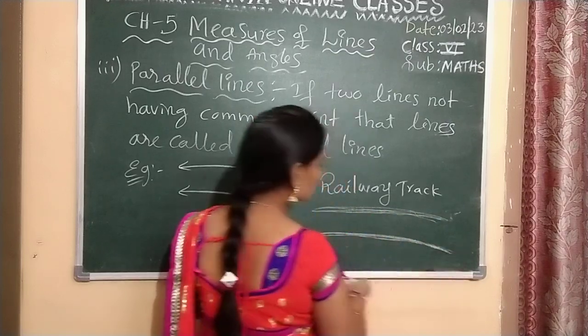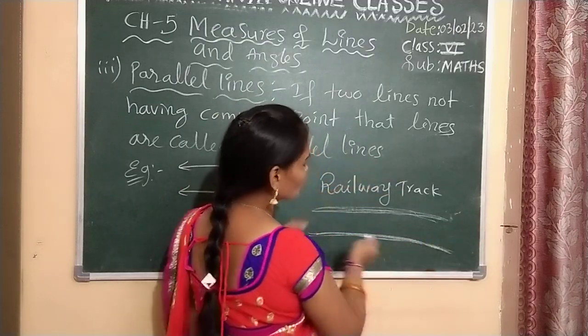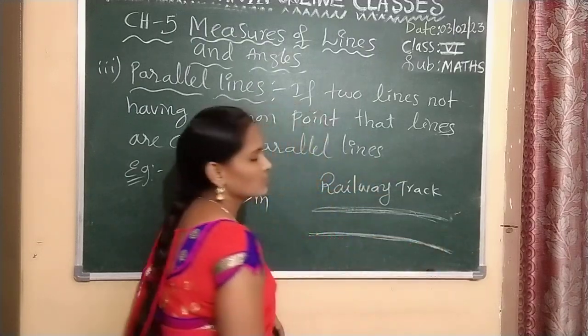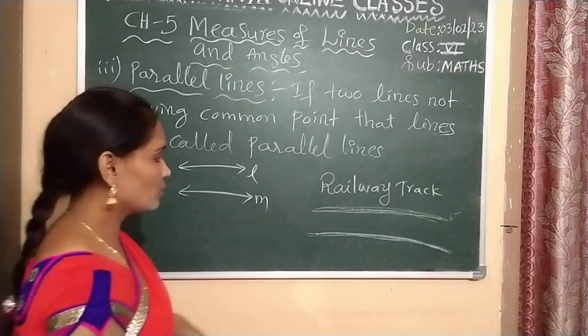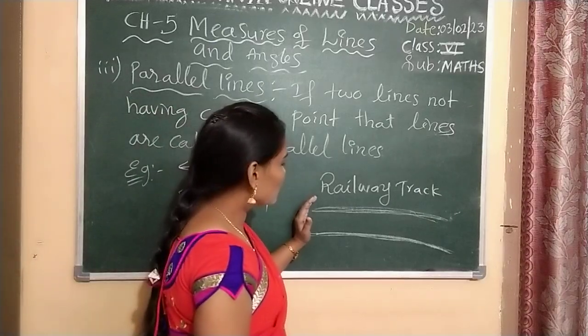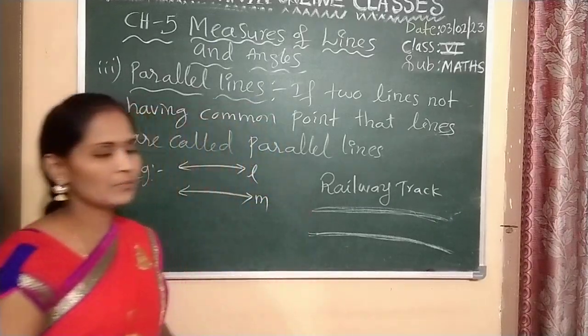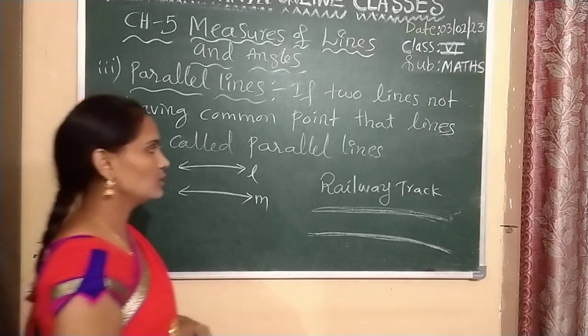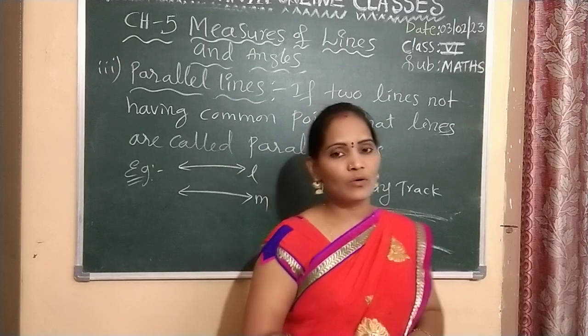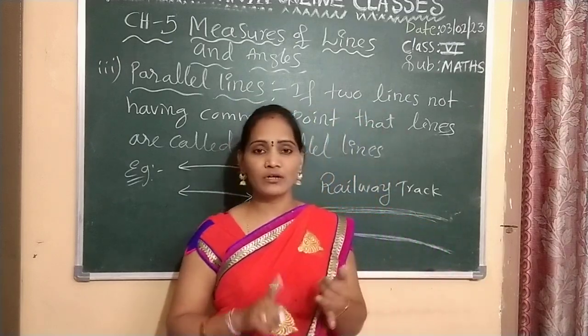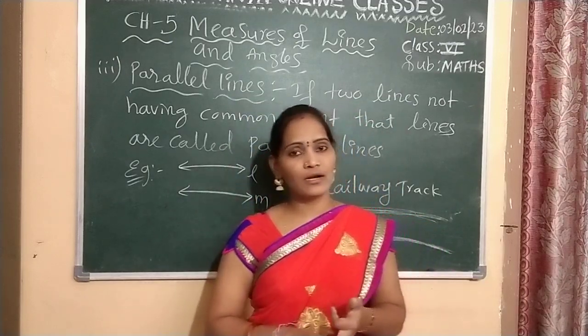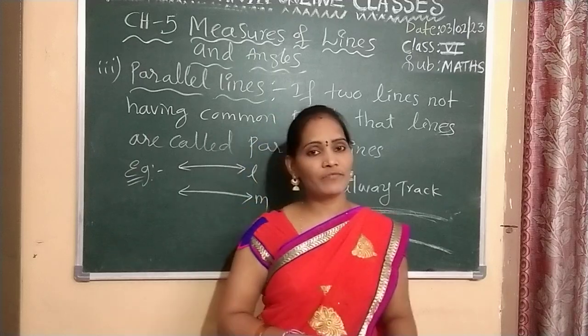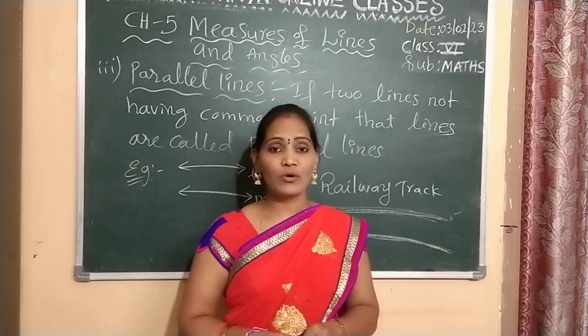These two will go on, so there is no common point. That's why those are parallel lines, and this is the daily life example of parallel lines. Okay, very easy only, no? These definitions: what are intersecting lines, what are perpendicular lines, what are parallel lines, and what are the daily life examples? Okay, I hope you understand.